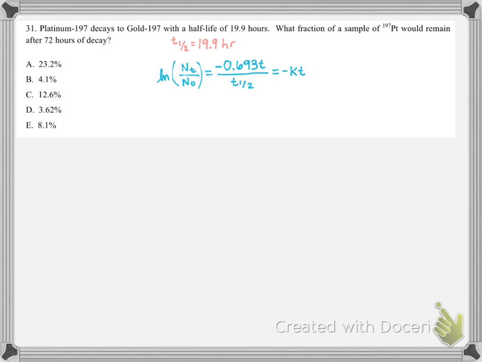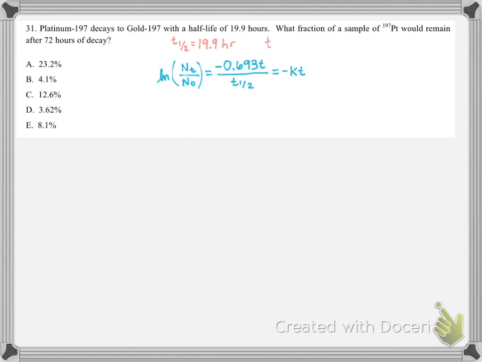In question 31, we have platinum decaying to gold. And we know these nuclear decays are always first order. And we have this combined first order equation here to work with. They tell us the half-life and ask us to figure out how much platinum would remain after 72 hours.